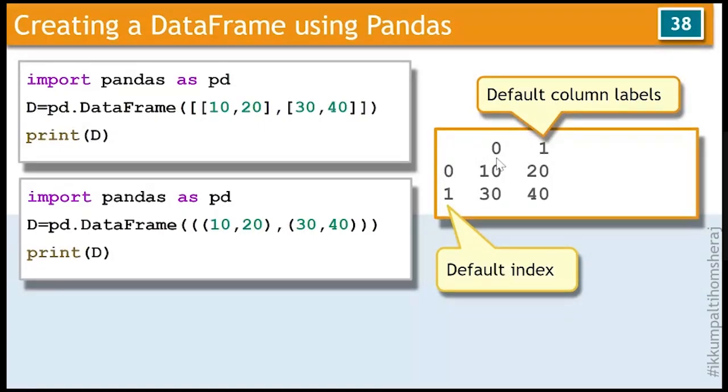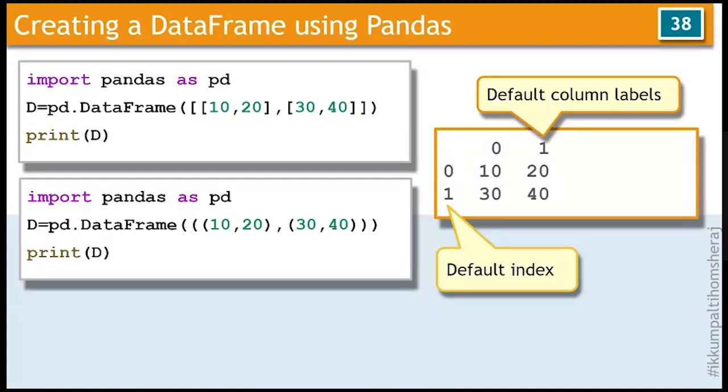As I told you already, if you do not specify customized names for your row or column labels, they will be taken by default as 0 to n-1, as Python otherwise also follows for all its collections like list, tuple, and dictionary.